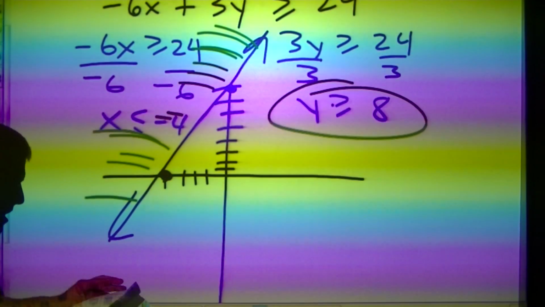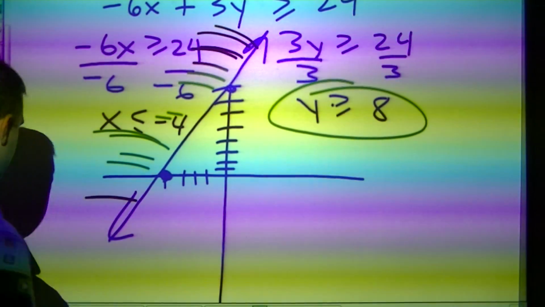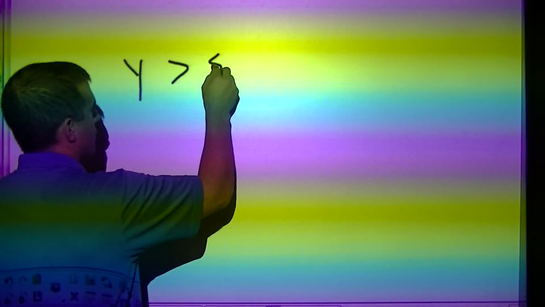Let me talk about what the shading means. The shading basically means that, and let's go ahead and just keep practicing, because practice is good.